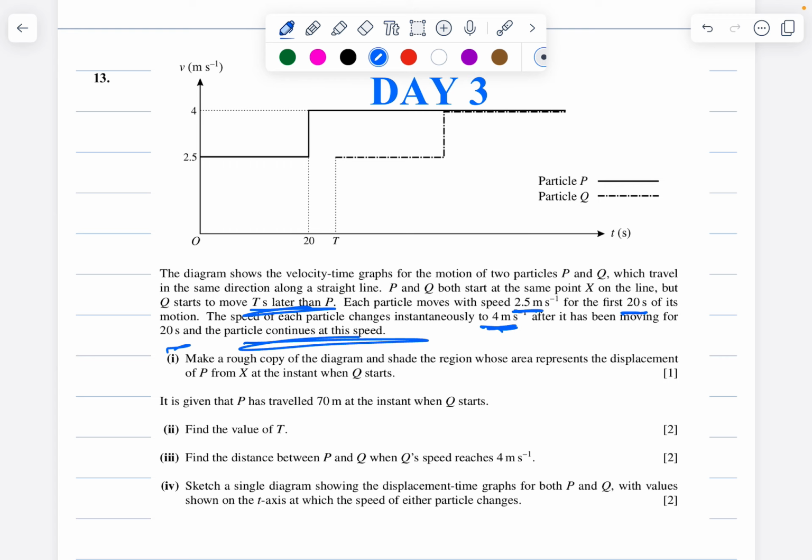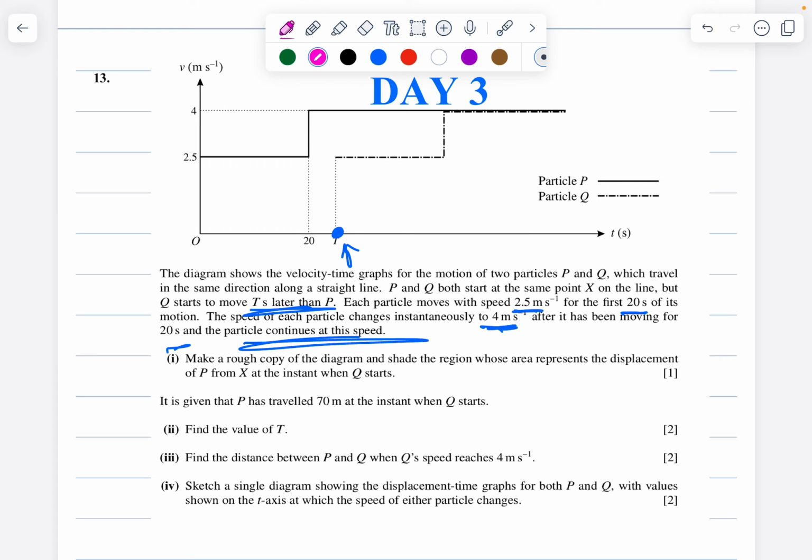So Q is starting over here, at time t seconds. Now, what is happening to P?